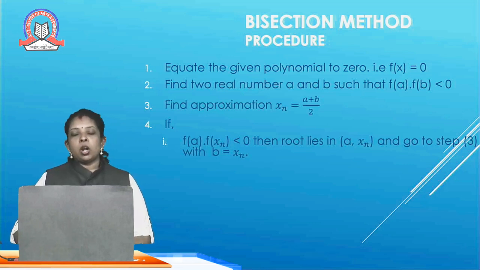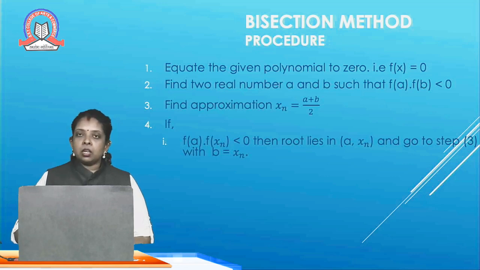That means one of f of a or f of b should be negative, so that the product f of a into f of b gives a negative result, less than 0. Then to find the approximation, we use bisection. We have the two intervals a and b, which are the initial two values.